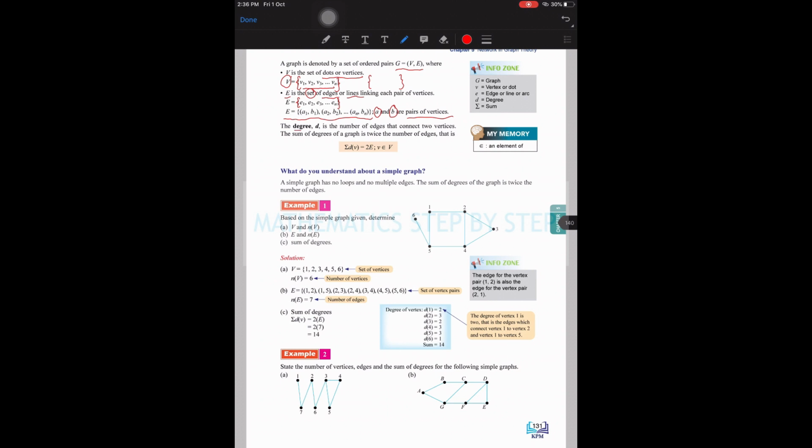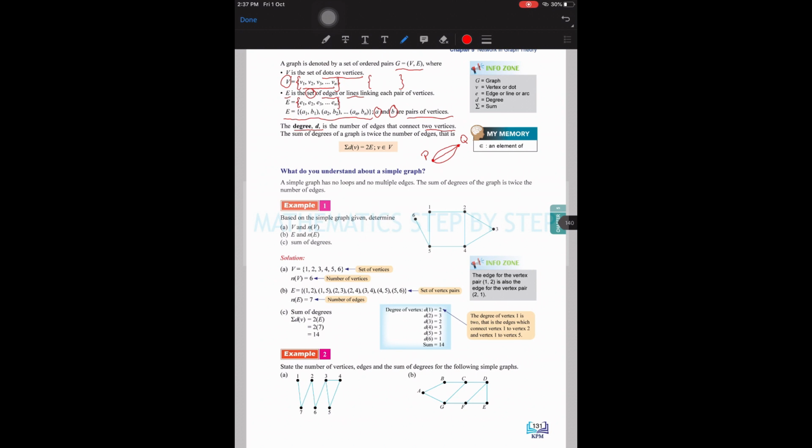So the degree D is the number of edges that connect to a vertex, okay? So let's say this point and this point. This is the first edge, this is the second edge, this is the third edge, okay? Let's say this point is called P, this vertex is called Q, okay?